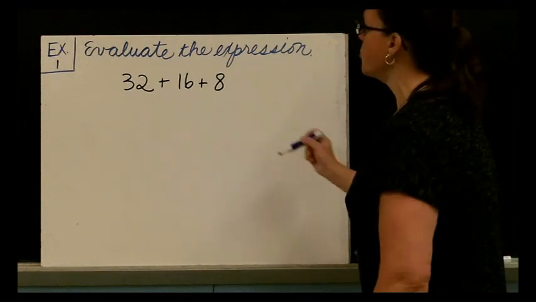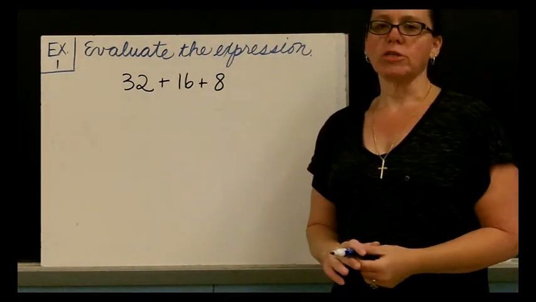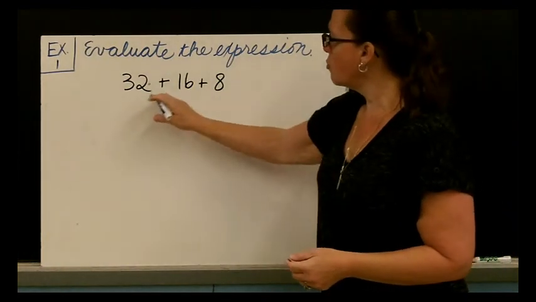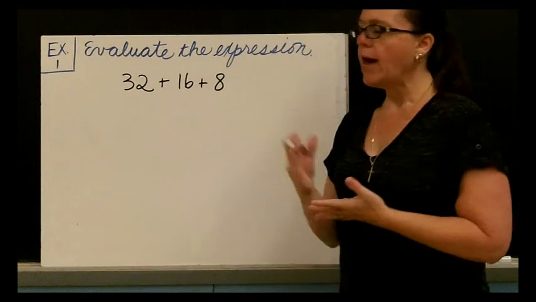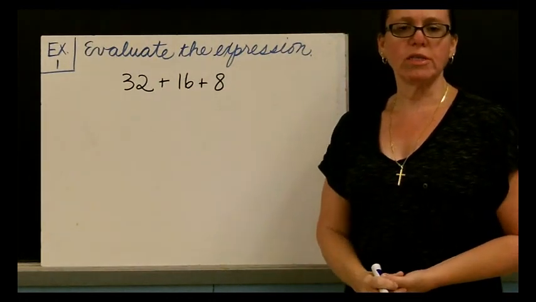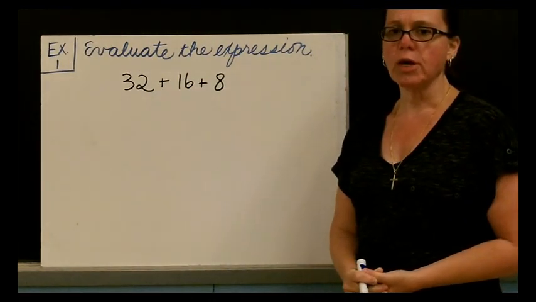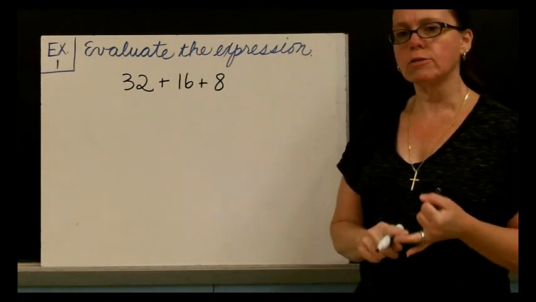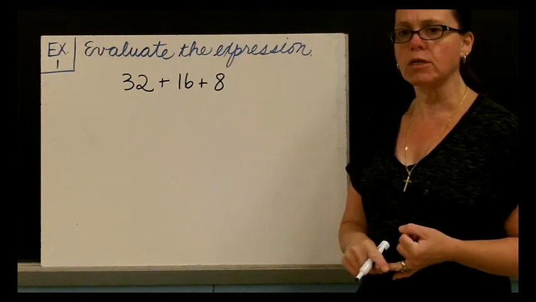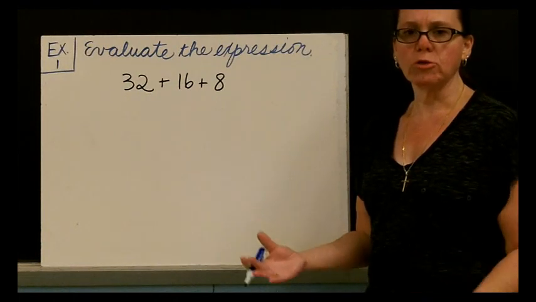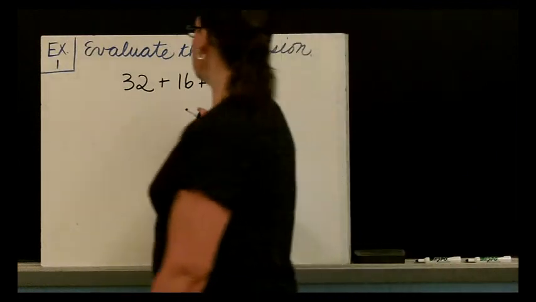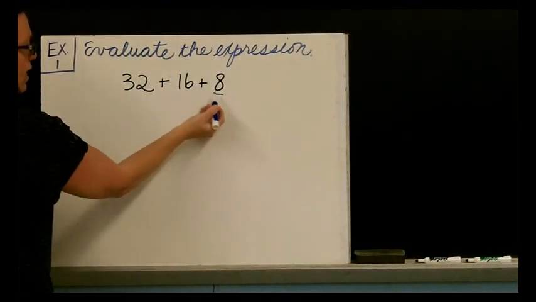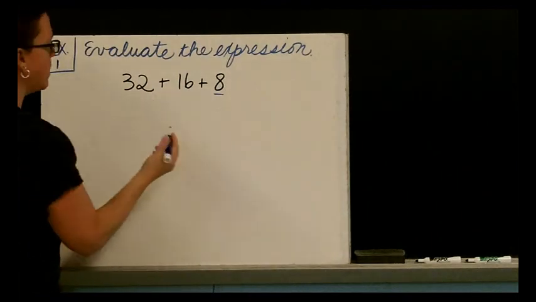Let's take a look at this first one. Evaluate the expression. Now, some of you might find it much easier to go through and from left to right add all the numbers because you can see that they are all positive integers. But what I'm going to do is use both the commutative and the associative properties of addition to find a friendlier way to get the sum. So what I'm going to do is take this 8, because I see that an 8 and a 32 will very neatly make a 10.